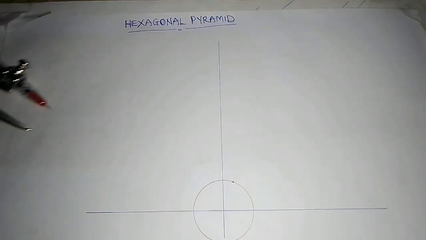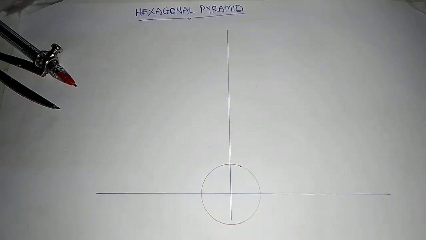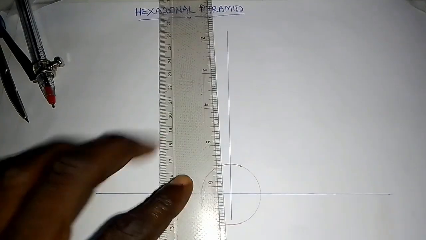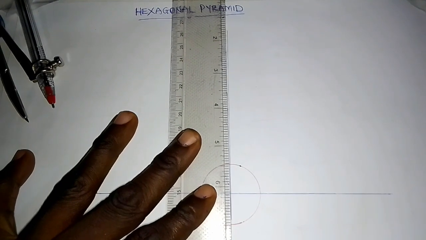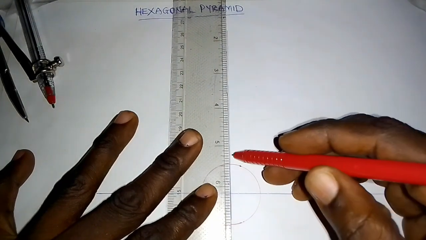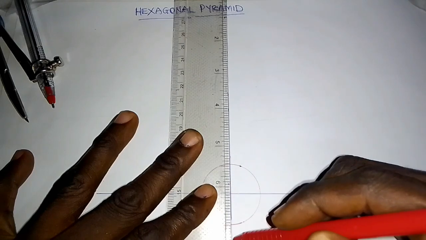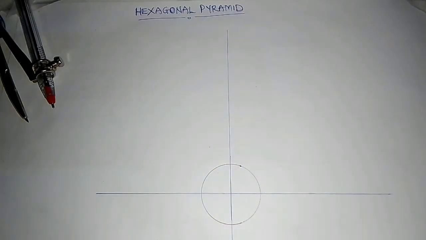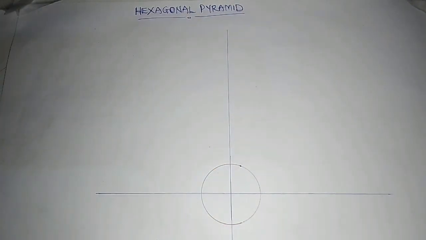So we have that drawn. Extend this line down. So we are going to be using this to draw our hexagon.